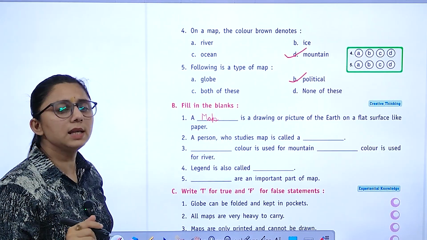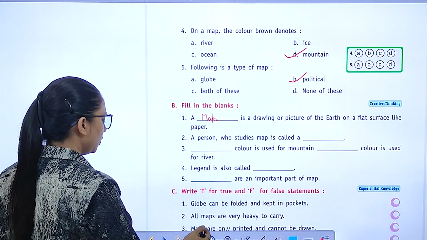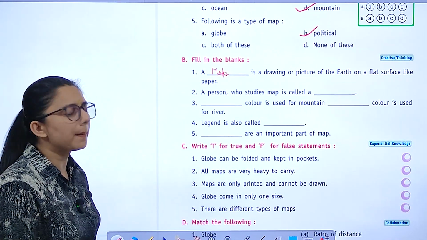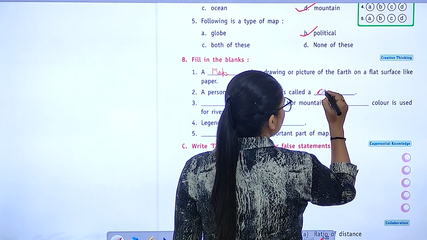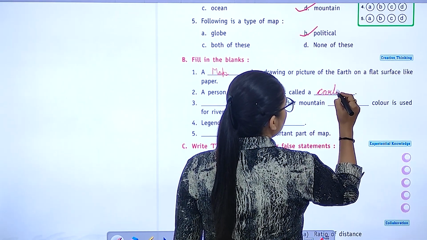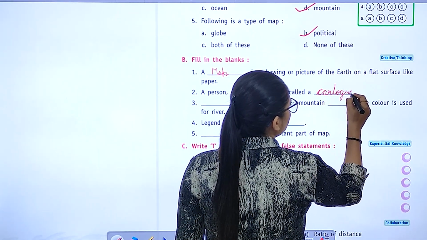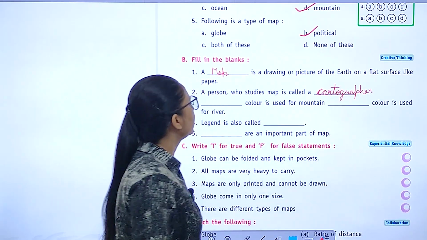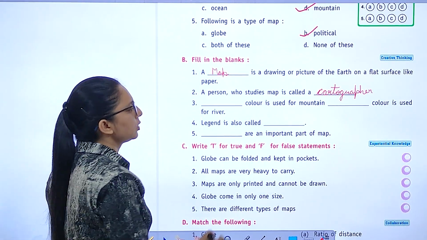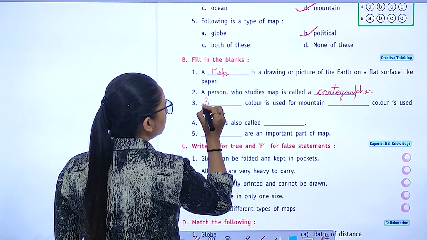Next, a person who studies map. जो map को study करता है वो कौन होता है? A person who studies map is called a, क्या बोलते हैं उसको? Cartographer. Next, the dash color is used for mountains. कौन सा कलर हम यूज करते हैं? Brown.